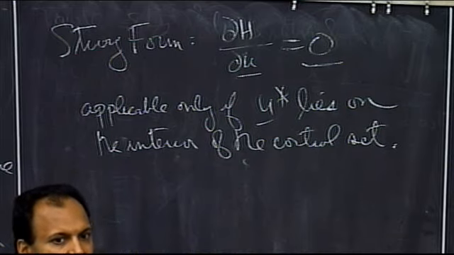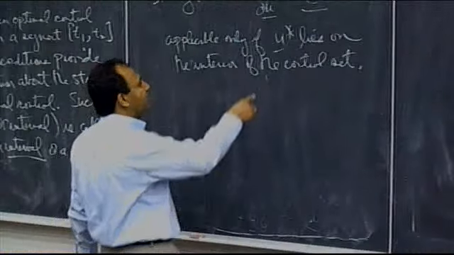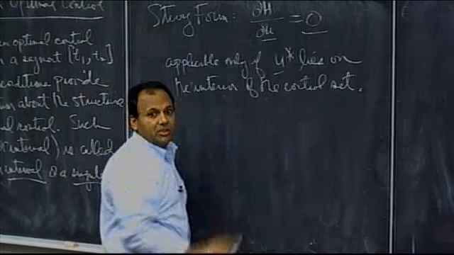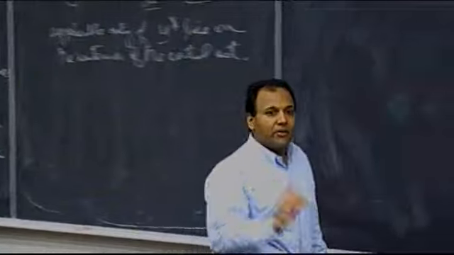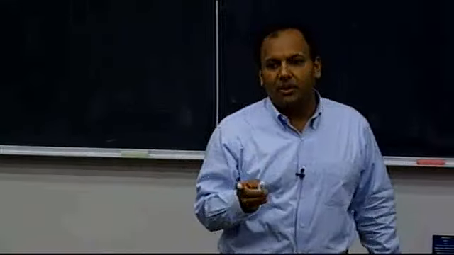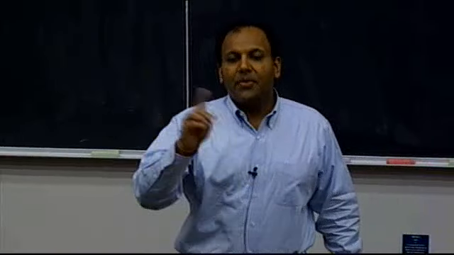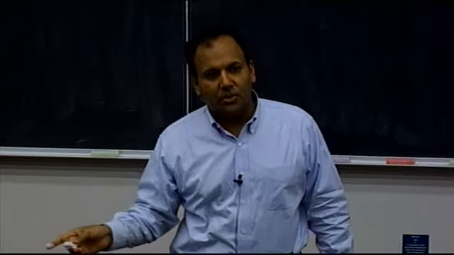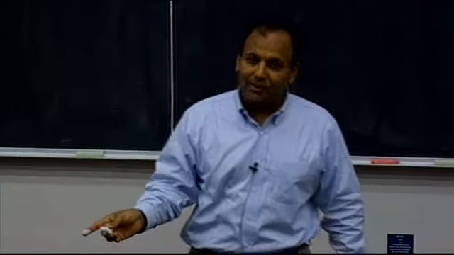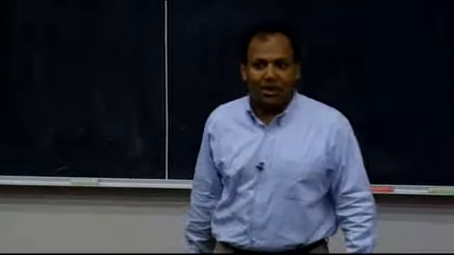But it does not say the converse. It does not say just because the control lies interior to the control set that this condition is applicable. All right? It's not an if and only if. So it says that if I can apply dH du equals 0 to get the optimal control, then it must be the case that the control lies interior to the control set.